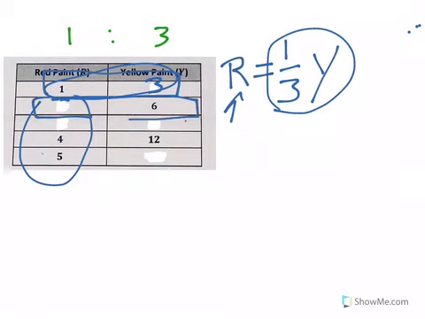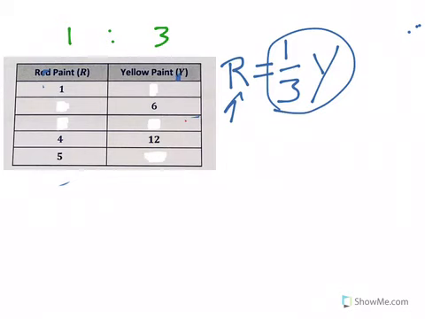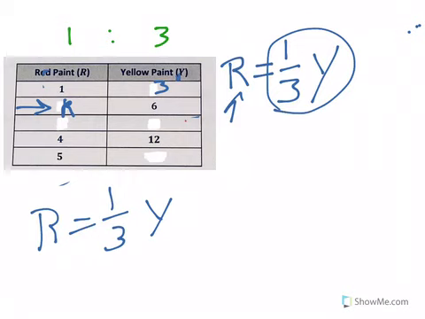Let's fill in part B here. Let me erase that so we can see it a little bit better. So we know that's 3. If we did not know what this is, we just would call that R, right? R equals 1/3 of Y. When 1/3 and the variable are right next to each other, that means multiplication. But we don't put the multiplication symbol there, because it looks like an X, and that can be a little bit confusing when we're talking about variables.